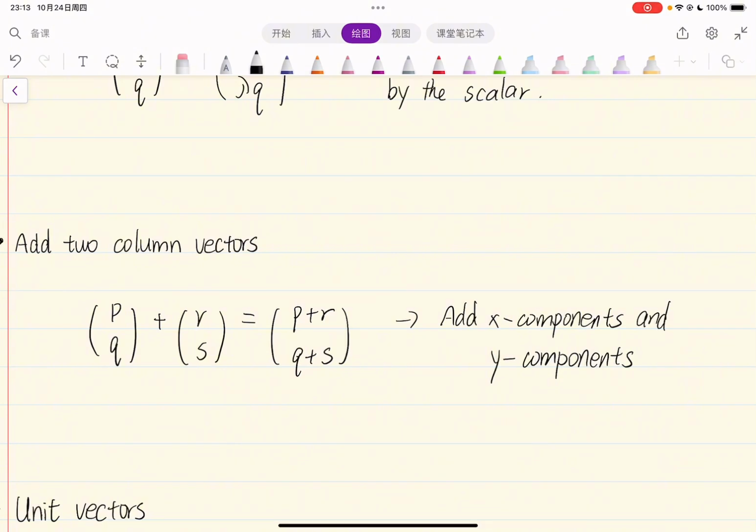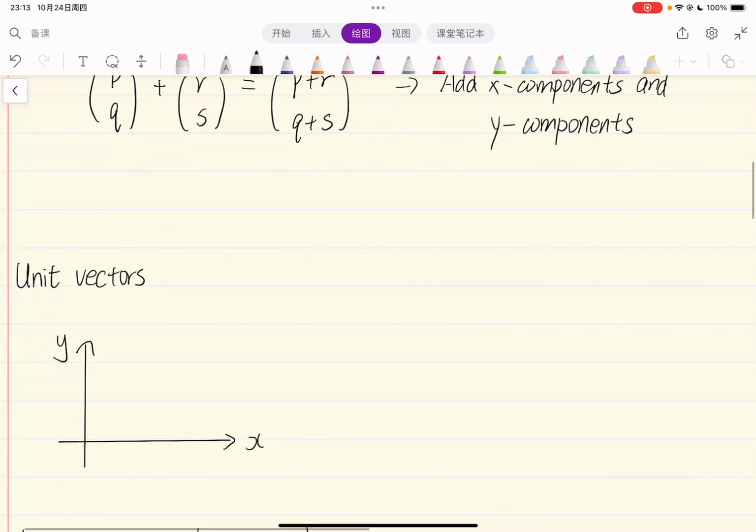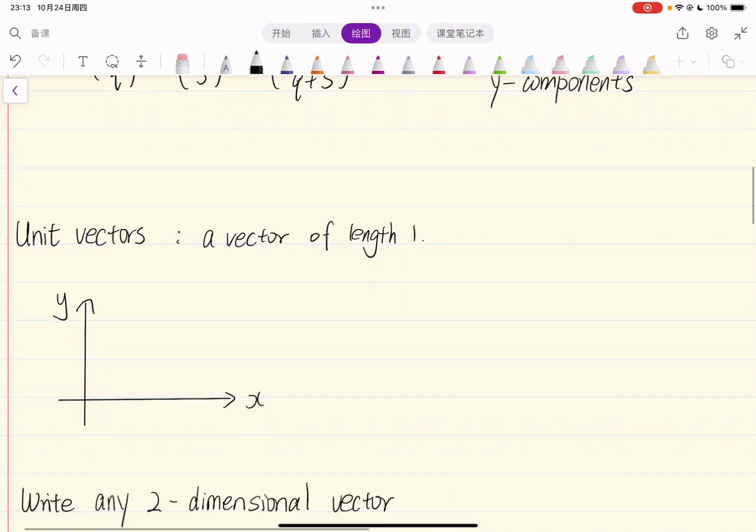When we talk about representing vectors, we also think about unit vectors. That is a vector of length 1. Let us consider the x-axis and y-axis.